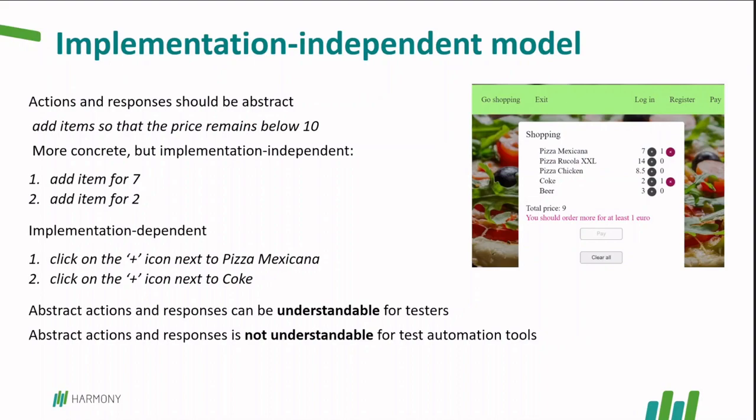First, we should add an item for 7, then for 2, and it's 9, it's below 10. And finally, here is an implementation-dependent solution. Click on the plus icon next to Pizza Mexicana, then click on the plus icon next to Coke. But this is a wrong solution because actions and responses should be understandable only for testers, but shouldn't be understandable for any automation tool.